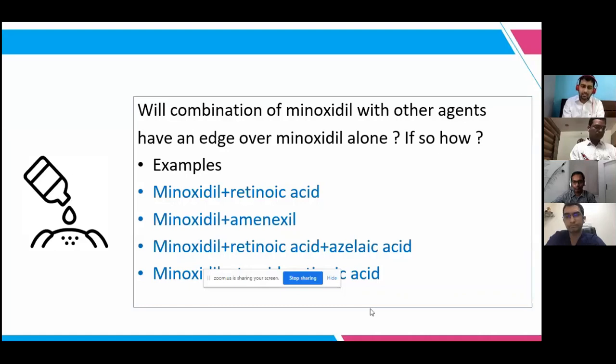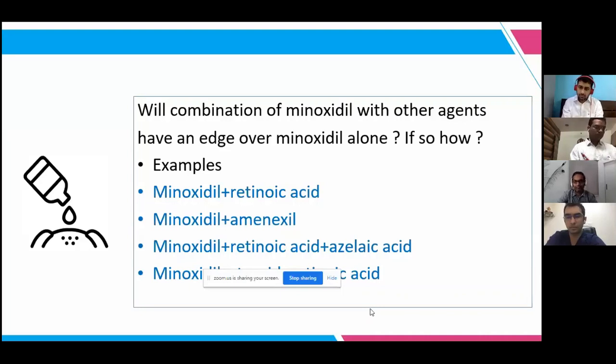Coming to Dr. Malay Mehta, this question is to you. Suppose minoxidil is not working properly, or the patient comes to you and says, sir, I have already used minoxidil, why are you prescribing the same minoxidil? These questions patients will ask, and then we really get worried.